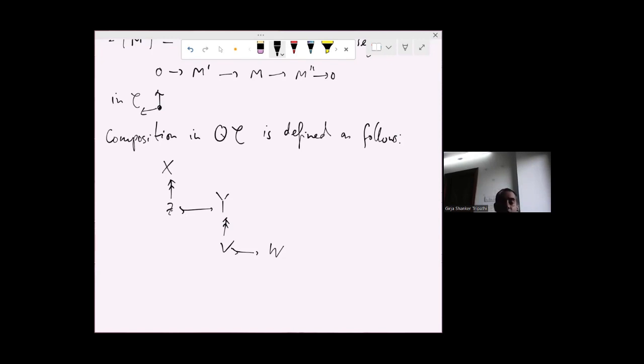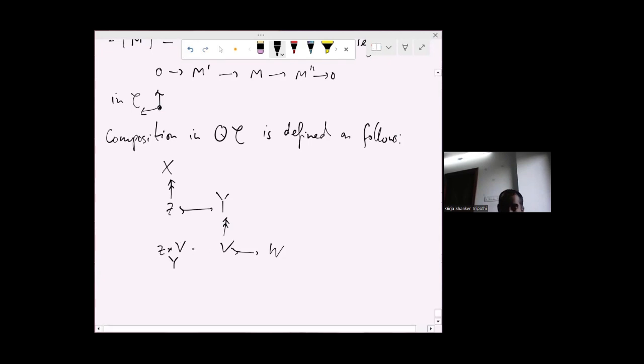So here we take the pullback of these two morphisms. By definition, this is part of the data of an exact category.